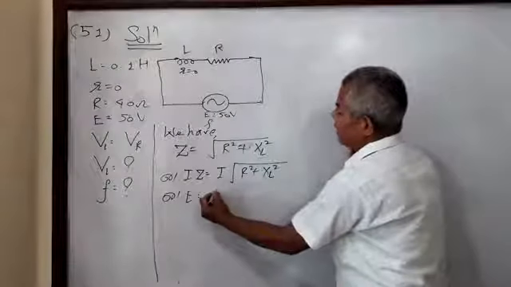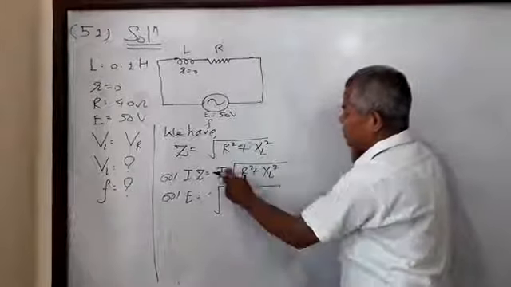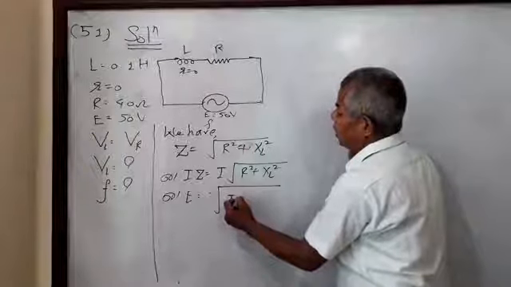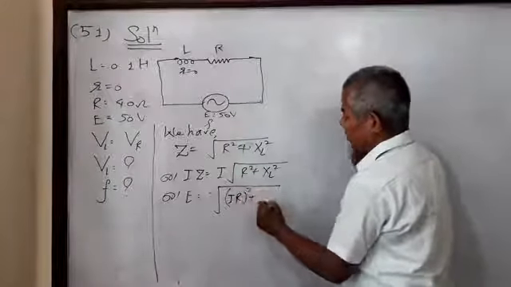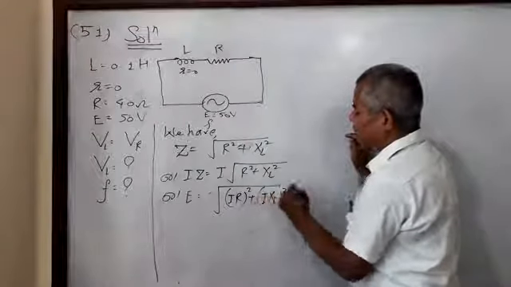And I is inside, so we introduce I inside the square root. Then root under I into R whole square plus I into XL whole square.